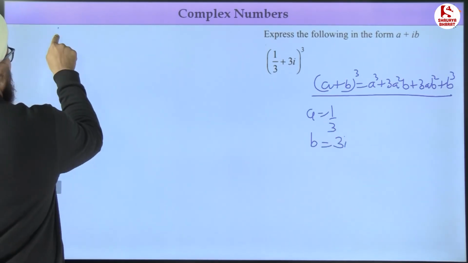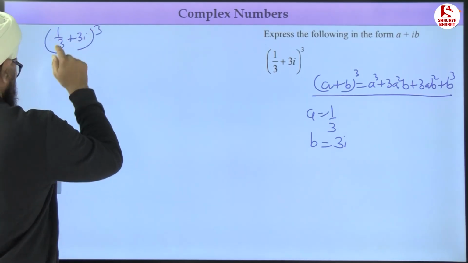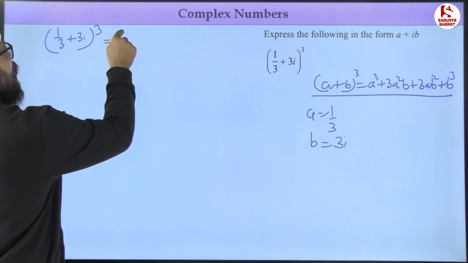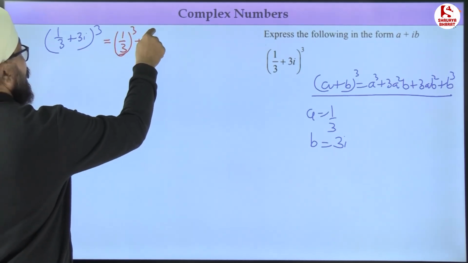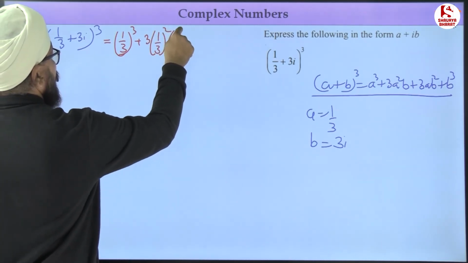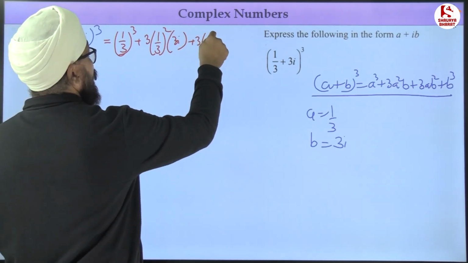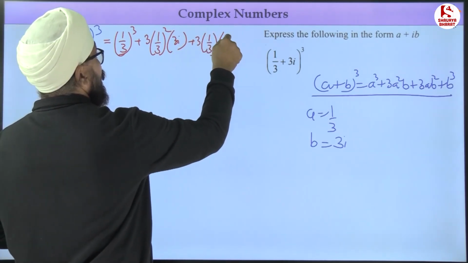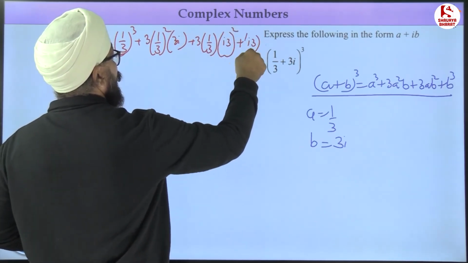So, 1 upon 3 plus 3 iota whole cube becomes 1 upon 3 whole cube, plus 3 times 1 upon 3 whole square into 3 iota, plus 3 times 1 upon 3 and 3 iota whole square, and at last 3 iota whole cube.